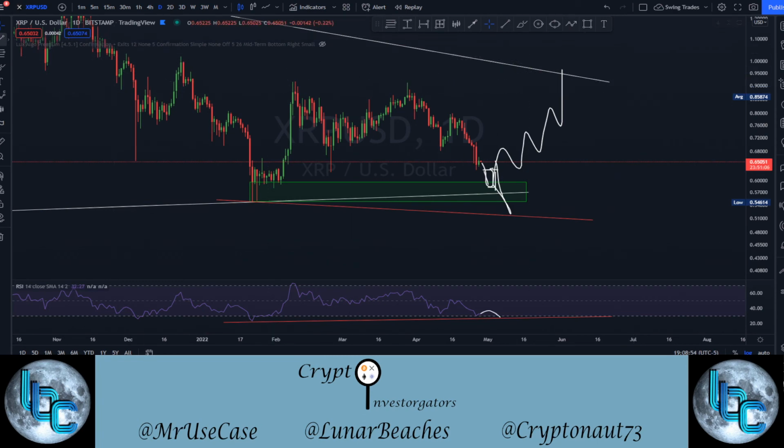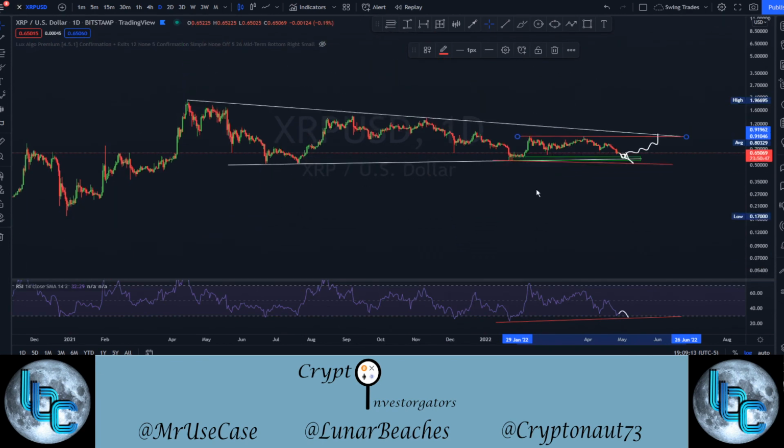And then we sit here and we create a new local high, right here. We burst through there. We create that new local high, and then we break through this downward sloping resistance that's been keeping us down for the past over a year now.